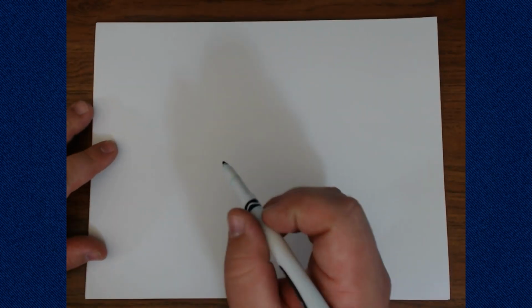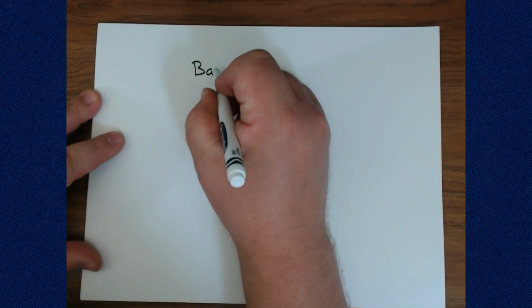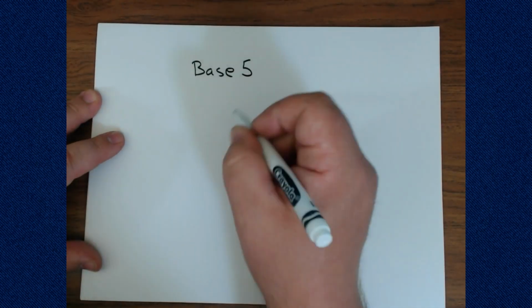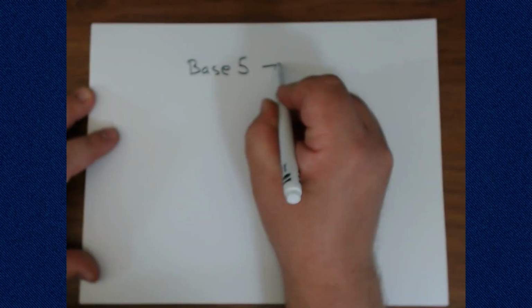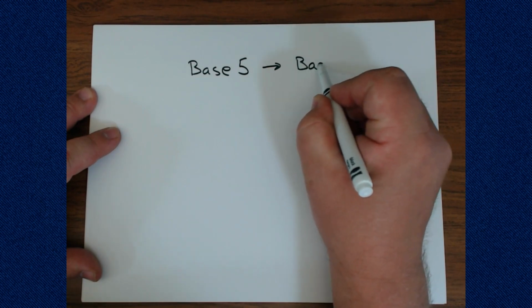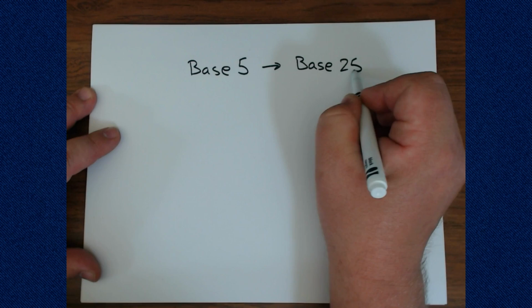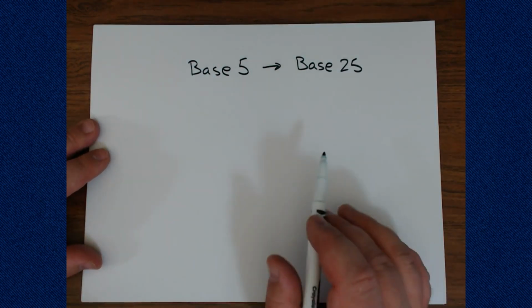So let's try to take a value from base 5, let's say. And we won't give that a name, we'll just say it's base 5. And we want to convert some number that's in base 5 to base 25. Okay, so we just need some kind of a number in base 5.